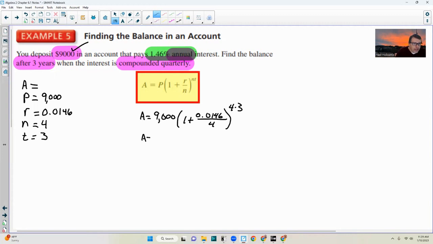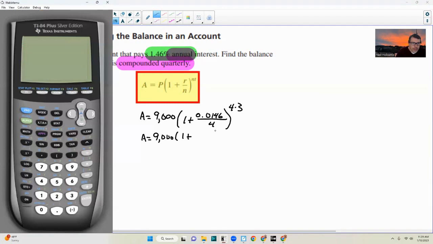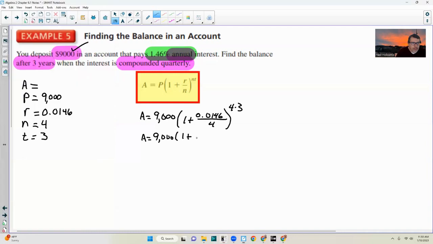So A equals 9,000 times 1 plus, and I'm going to use my calculator here. 0.0146 divided by 4 is 0.00365, all to the power of 12.